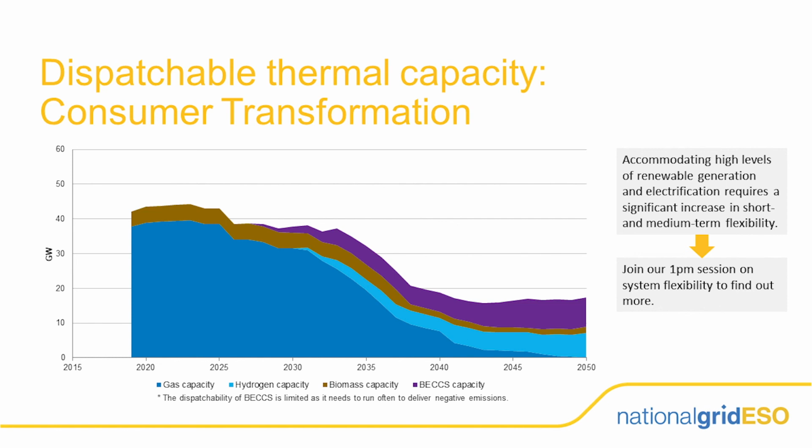Nevertheless, the total dispatchable thermal generation decreases some 60% between now and 2050. This leads us to the last of our key messages, which is that accommodating high levels of renewable generation and high levels of electrification will require a significant increase in short and medium-term flexibility.